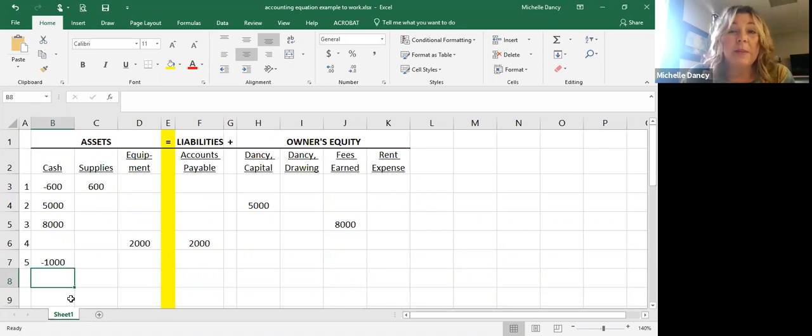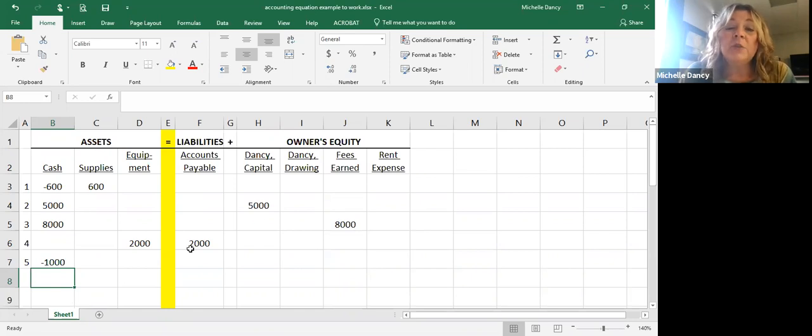It says that we paid rent for the month. Paying our rent is an expense of doing business. Remember, expenses are the costs that we incur in the process of earning revenue. It takes money to earn money. So paying our electricity bill, paying our rent, paying our employees, paying for advertising, those are costs that we incur. Those are expenses.